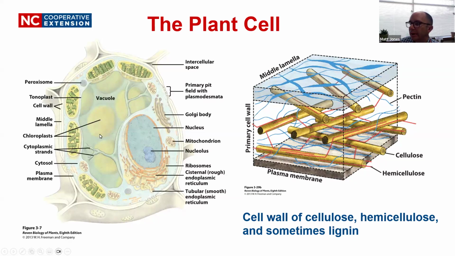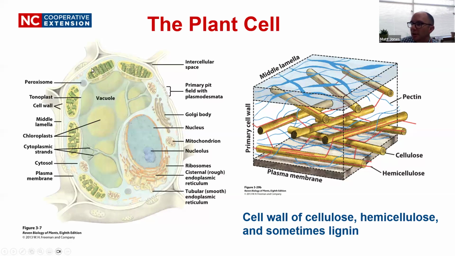And for most plants, this is where secondary metabolites are stored. That can be waste products from metabolism, or specific chemicals that are made and stored there that do things like deter herbivory or protect against fungal infection, or maybe serve other functions.